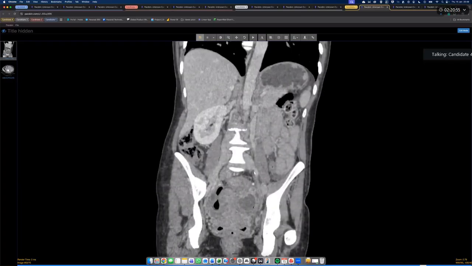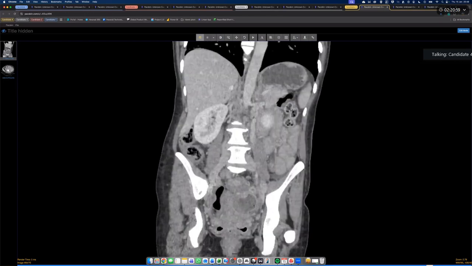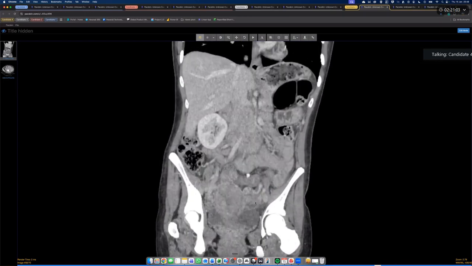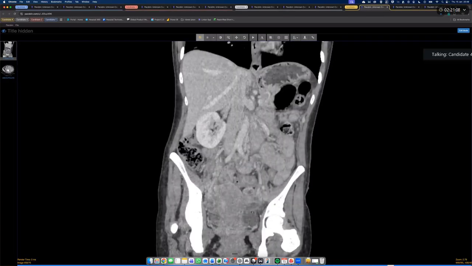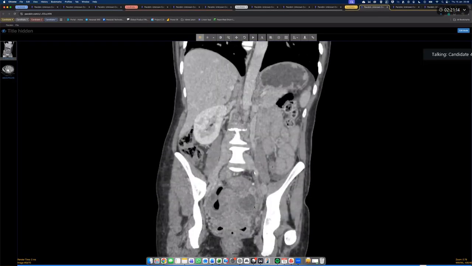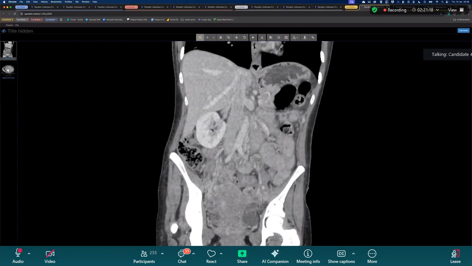I'm trying to see its communication, whether it is arising from the. So I think this could be related to some ovarian pathology, as the patient presents with an acute abdomen, could be related to a tubo-ovarian abscess.